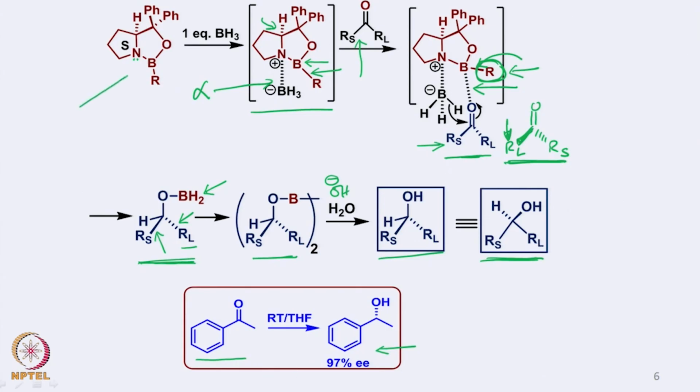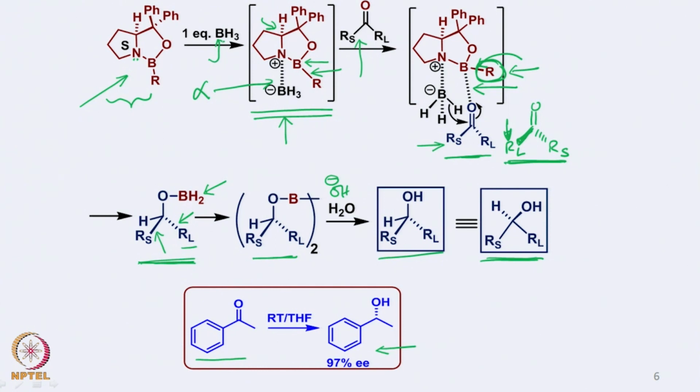Of course, during this process this particular chiral ligand modifies the borane into such an intermediate. So essentially this is a modified reducing agent, and therefore this particular chiral ligand is only used in a small amount, 1 or 2 mole percent, whereas we use 1 equivalent of the corresponding reducing agent.